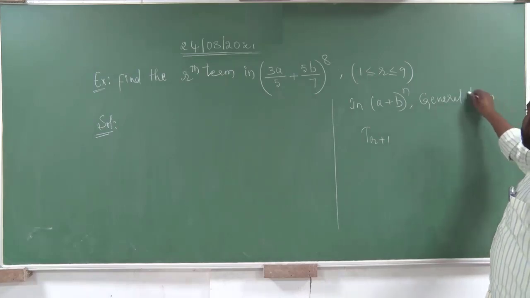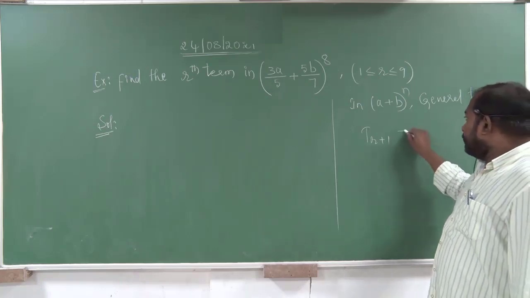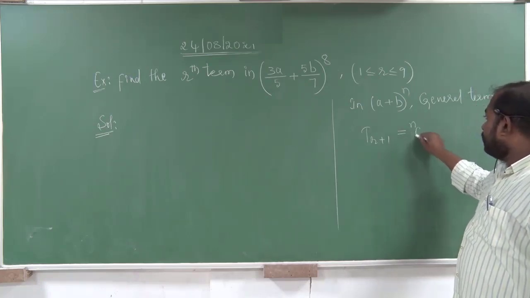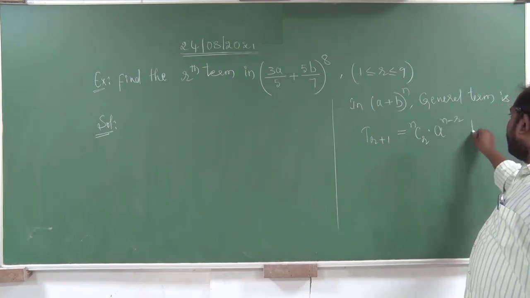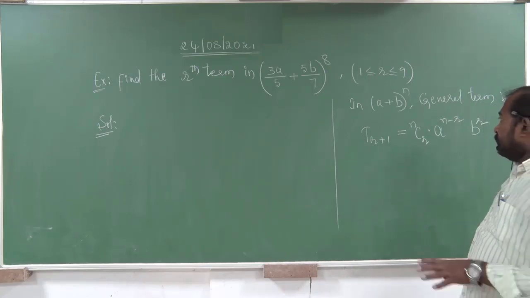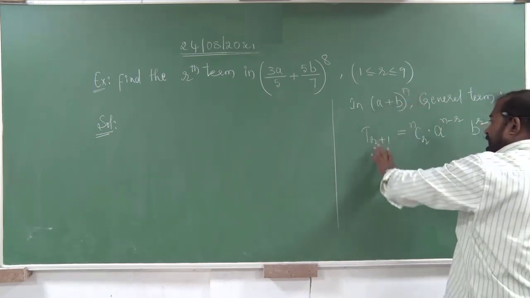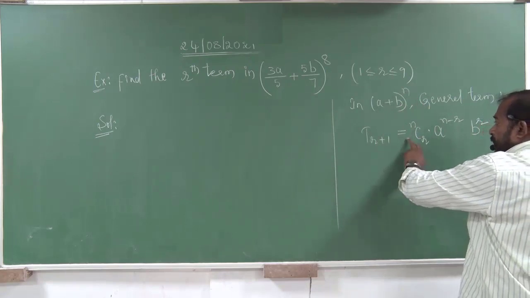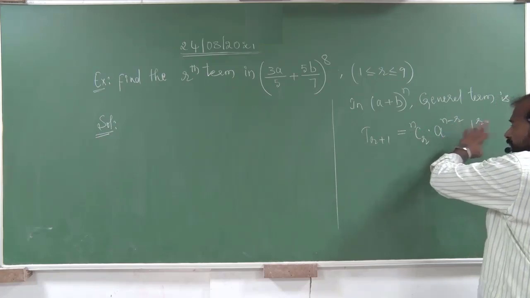The general term is T(r+1), and T(r+1) is given by nCr into a power n minus r into b power r. This is the basic formula. The general term in the expansion (a + b) whole power n is given by T(r+1) equals nCr a^(n-r) b^r.